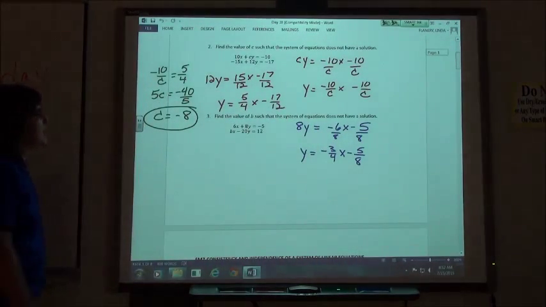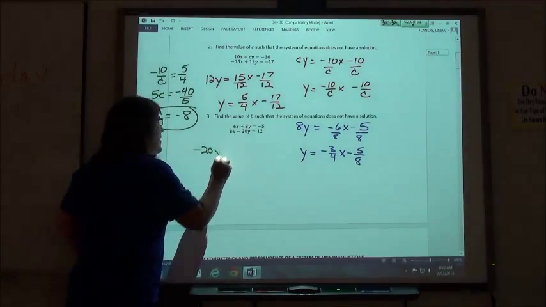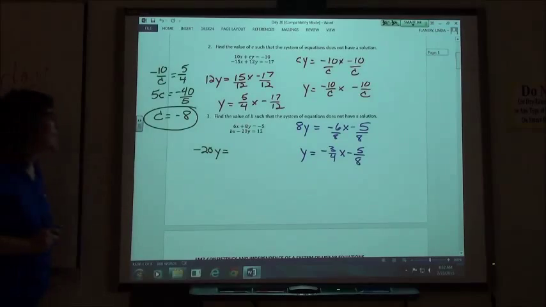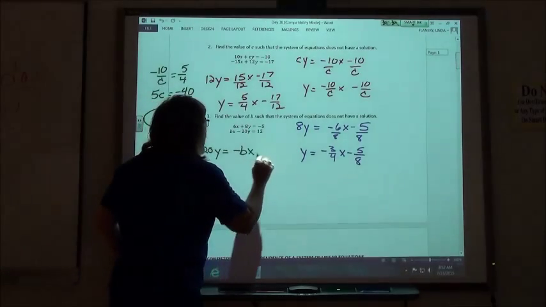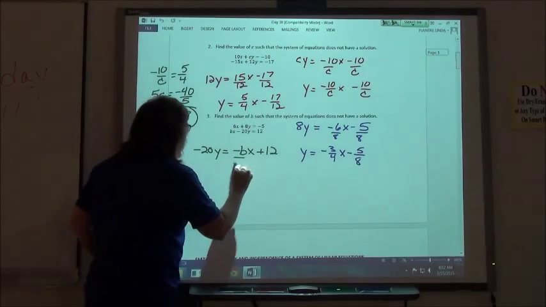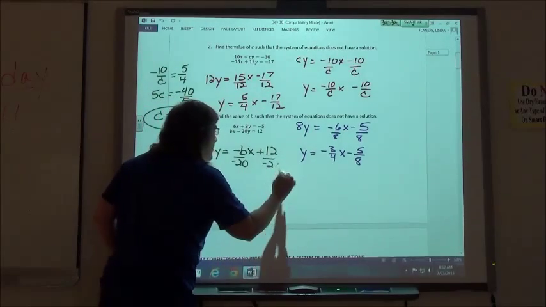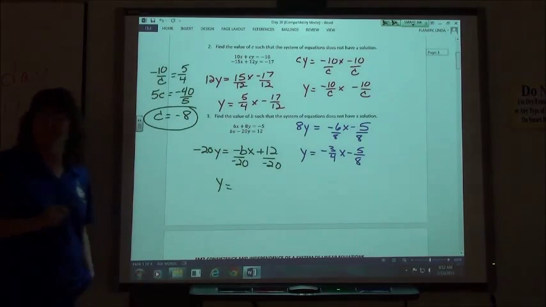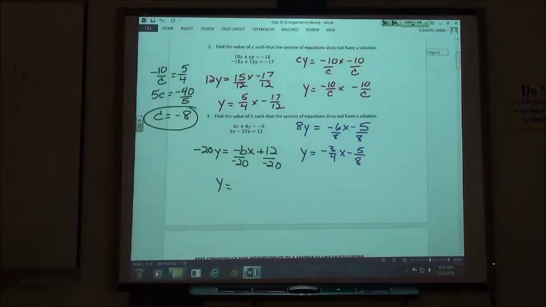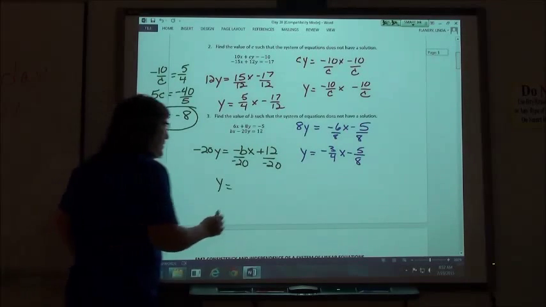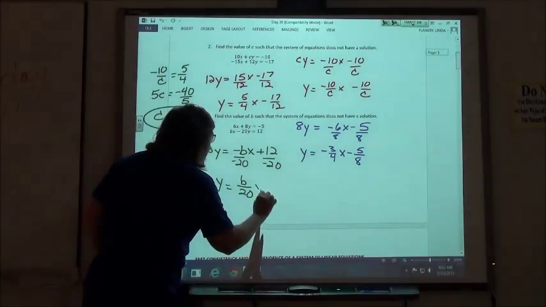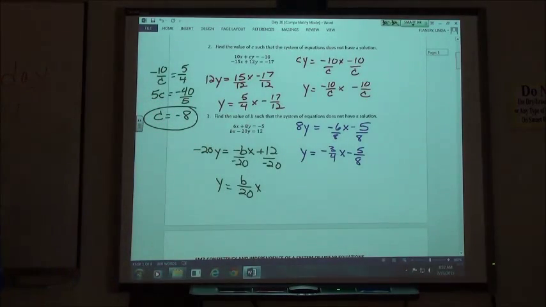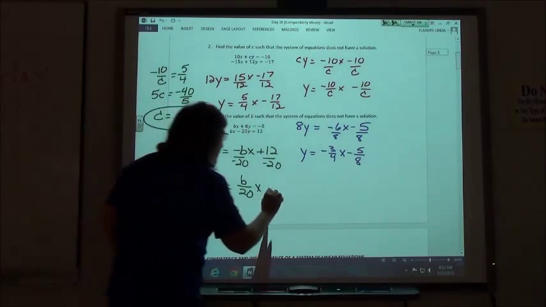On our bottom equation, negative 20y is going to equal negative bx plus 12. We're going to divide by negative 20. So y equals bx over 20 plus negative 3/4.